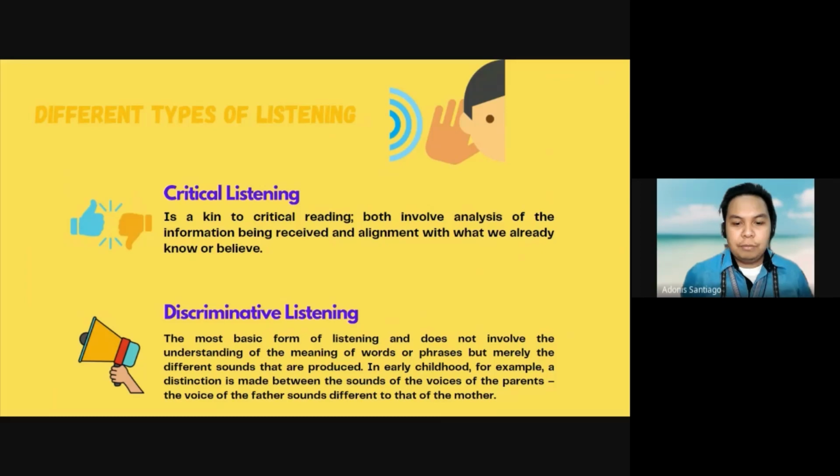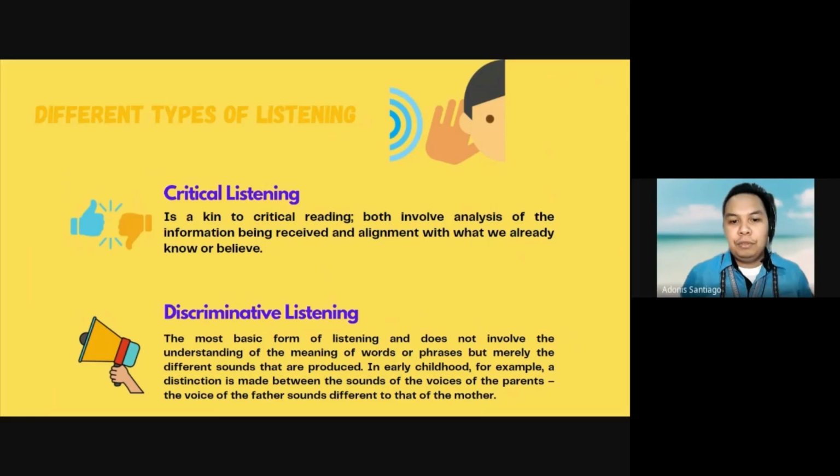This is the most basic form of listening and does not involve understanding the meaning of the words or phrases, but merely the different sounds that are produced. For example, if you hear meow, you interpret it as the sound of a cat. If you hear woof woof, you presume that that is the sound of a dog.